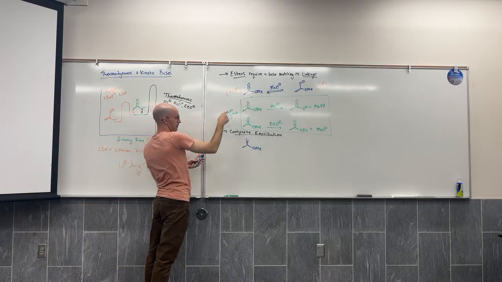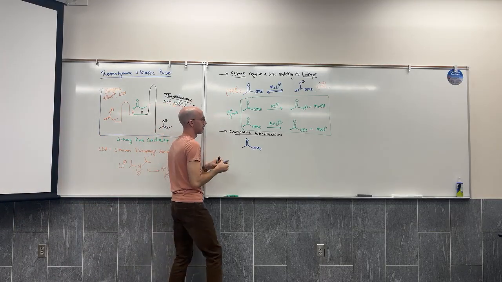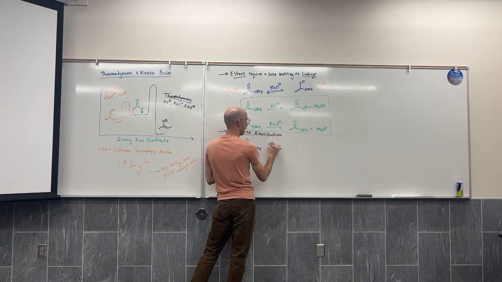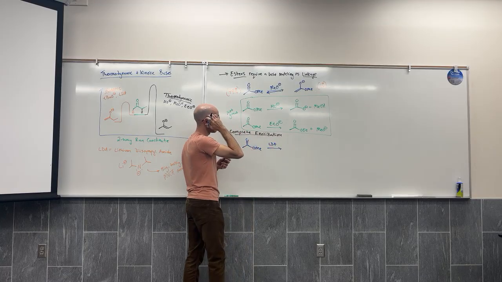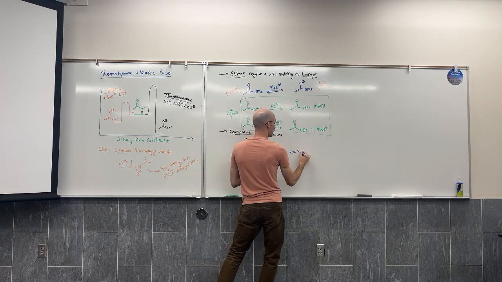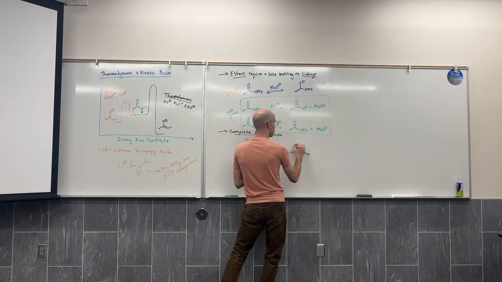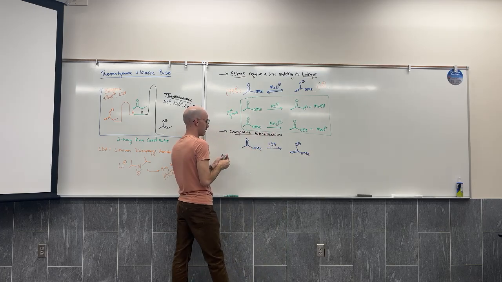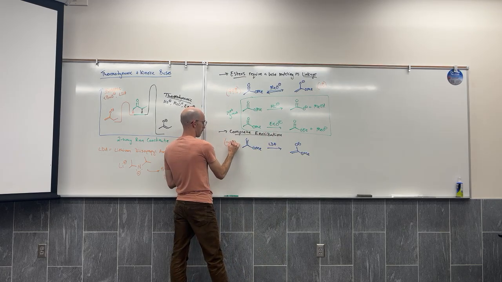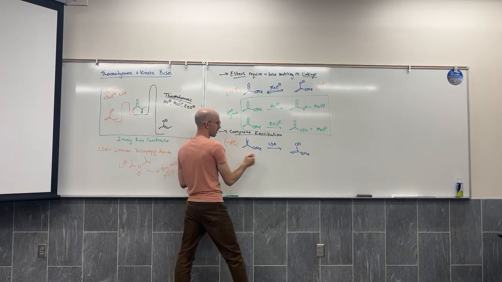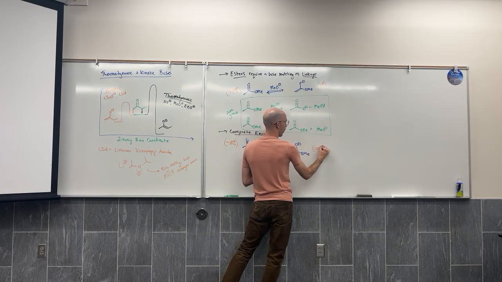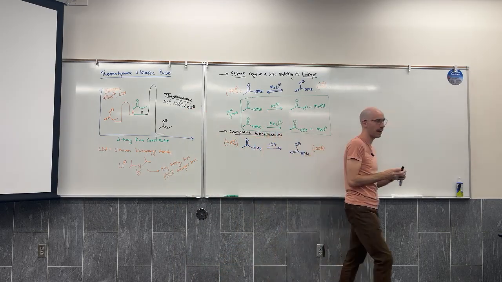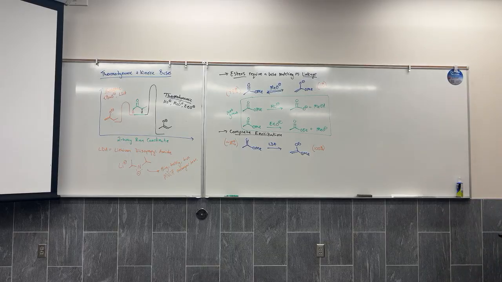It's our alkoxides that are not very good at this equilibrium, but LDA is a much stronger base, which leaves roughly 0 of the carbonyl behind and turns 100% of the carbonyl into its enolate.